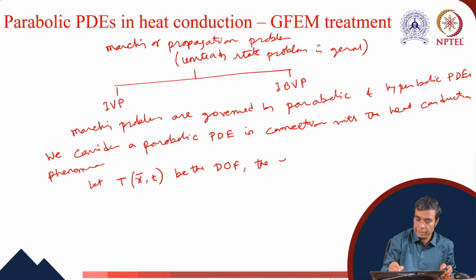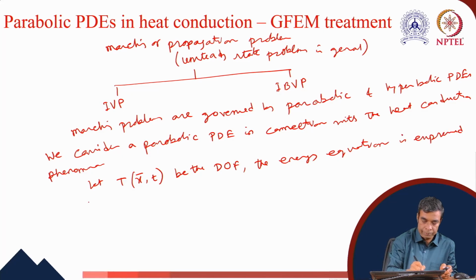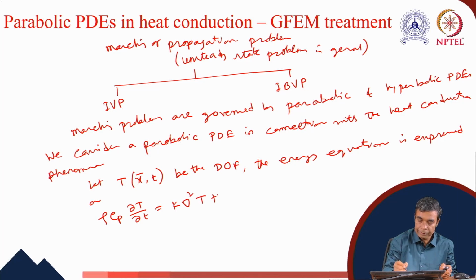The energy equation is expressed as rho Cp del T del t equals K del square T plus the source term.